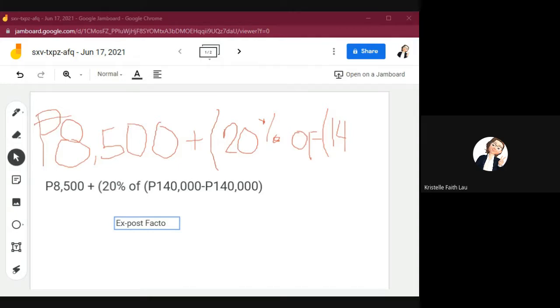Relating to the sources of the Philippine tax law. So, where do the tax laws come from? First is the Constitution of the Philippines. This is just an additional, okay? The Constitution of the Philippines is the body of rules and maxims in accordance with which the power of the sovereign is habitually exercised.